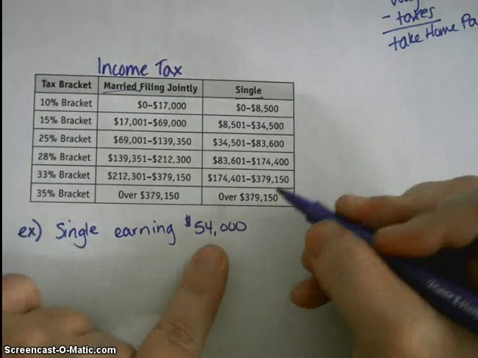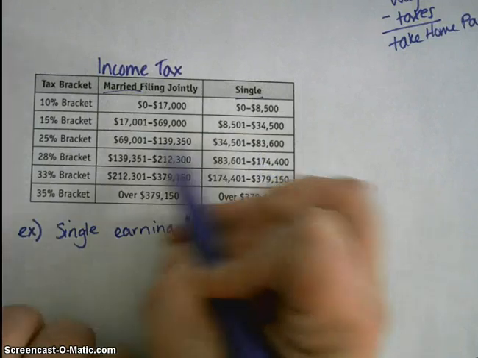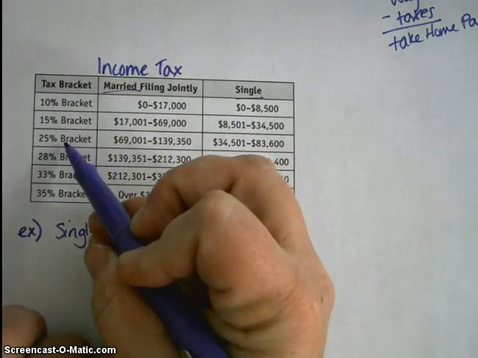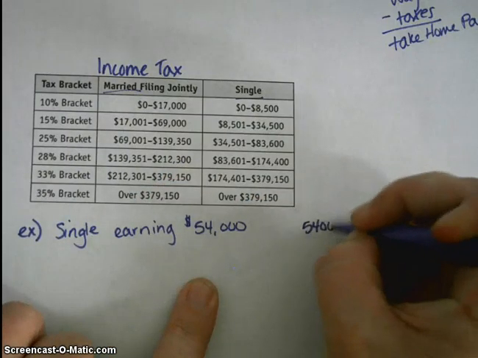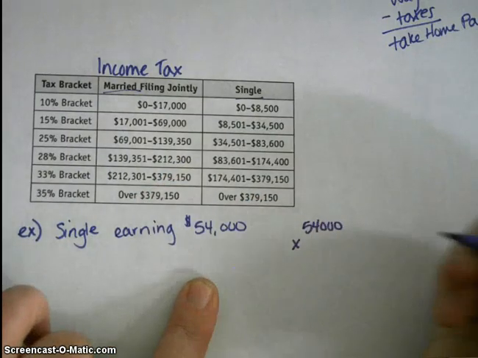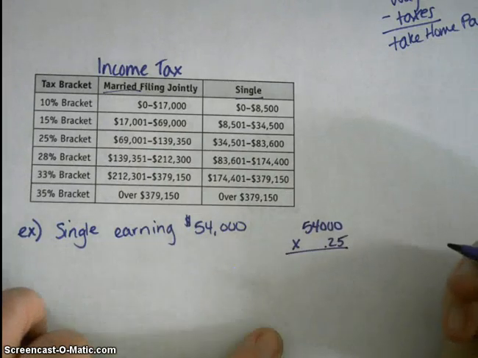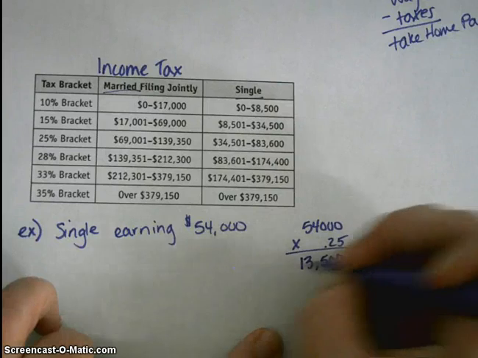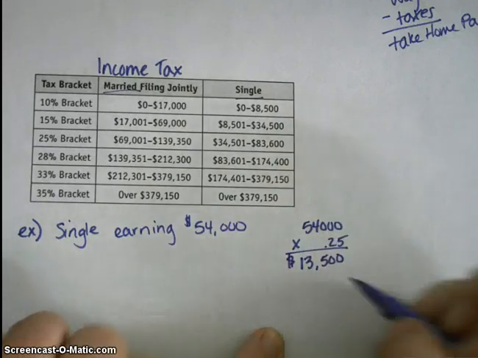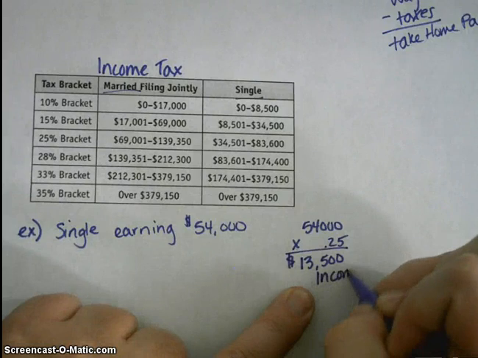So $54,000 again fits right here for a single person. So that's 25% of our income going to taxes. So I'm going to multiply $54,000 by 25% as a decimal, which is 0.25. And when I do that, I get $13,500. So I'm going to pay $13,500 in income tax to the government.